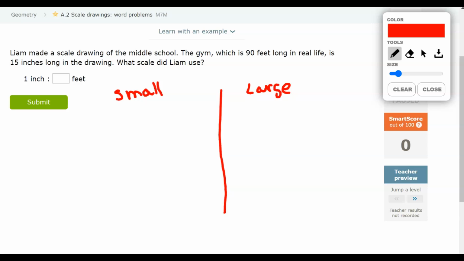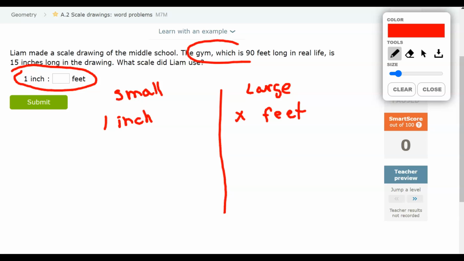So if I organize it, I know they give me this here. So I have 1 inch. That 1 inch is the same as, and this is what we're trying to find, so we're going to put x feet. Well, the other thing we know is the actual gym, the large one. The actual one is 90 feet long, but the drawing is 15 inches long.